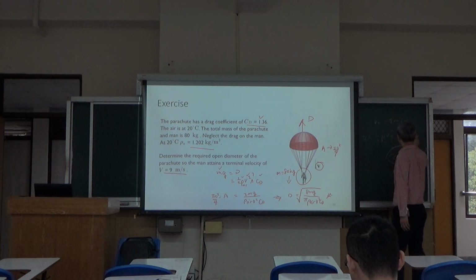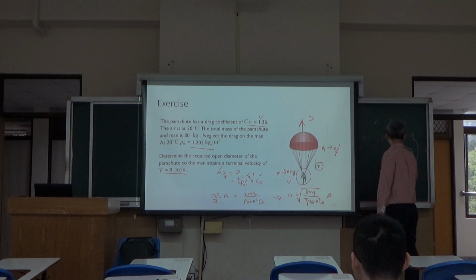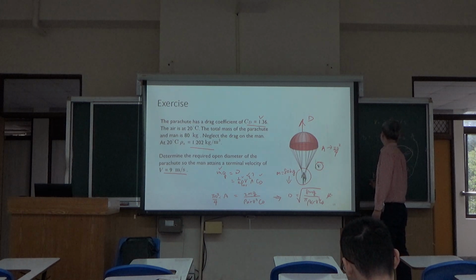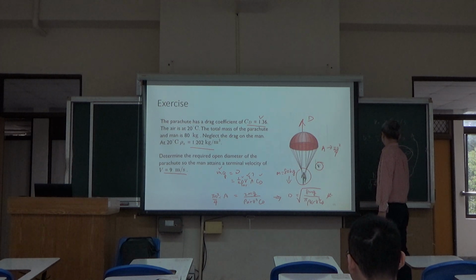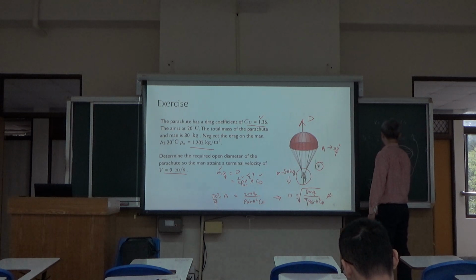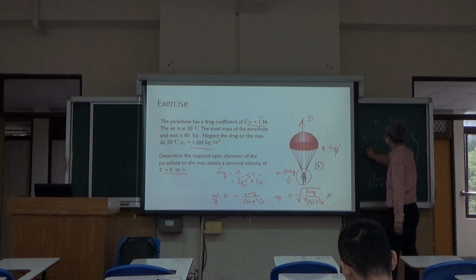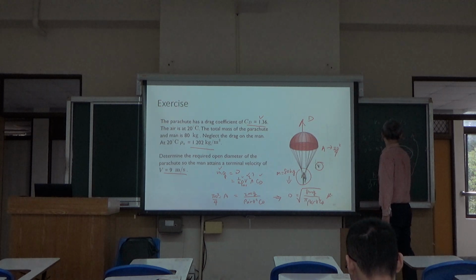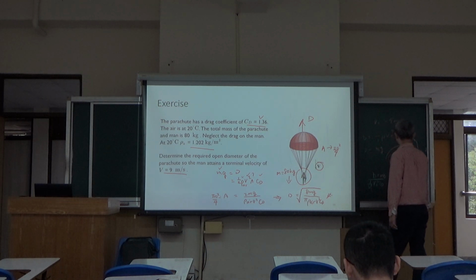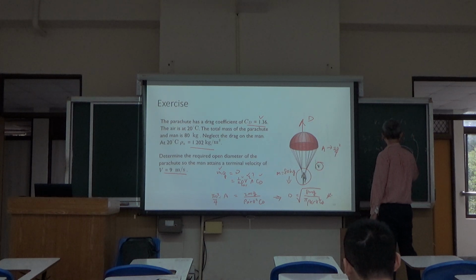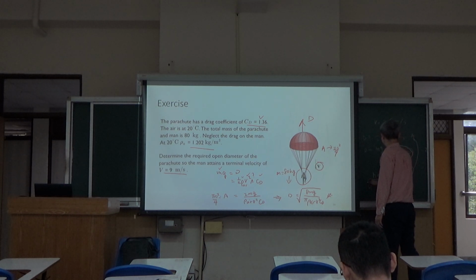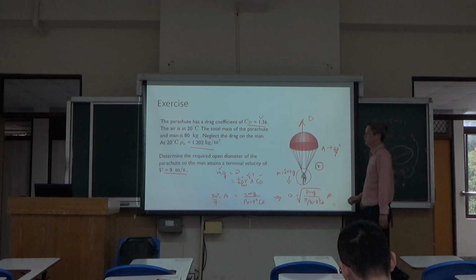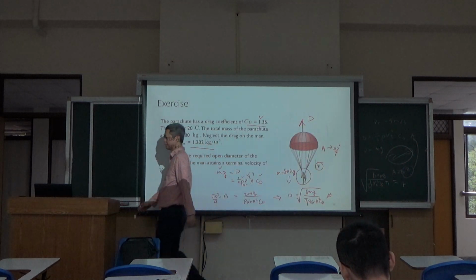So by substituting the expression above, you can find the opening area. That is going to be D divided by half rho v squared CD. And how much is the drag force? The drag force is going to be the weight. Then you take the square root, divided by pi, and then you are able to find the radius. This is how to find the opening.